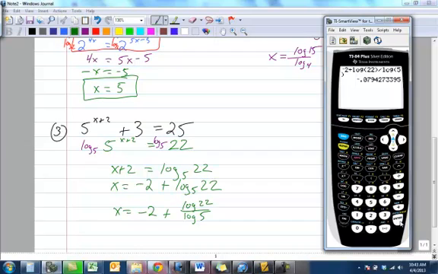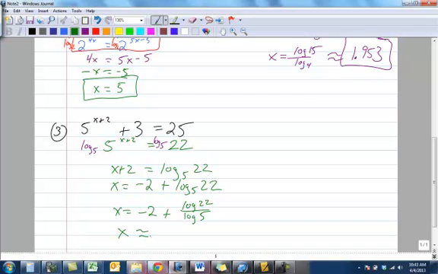You should get approximately negative 0.079. X is approximately negative 0.079. You could go and plug that in here and check your answer.